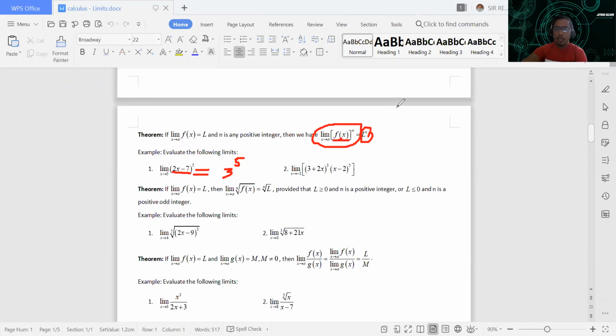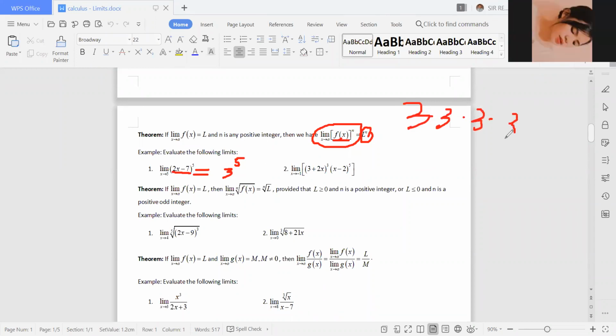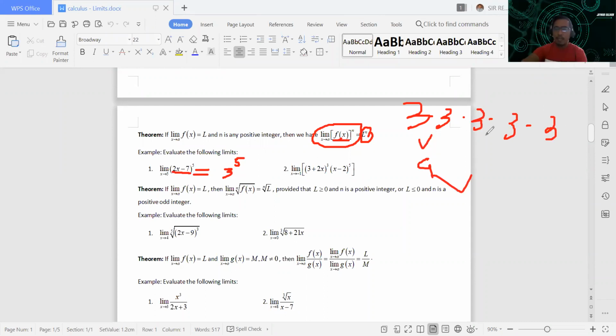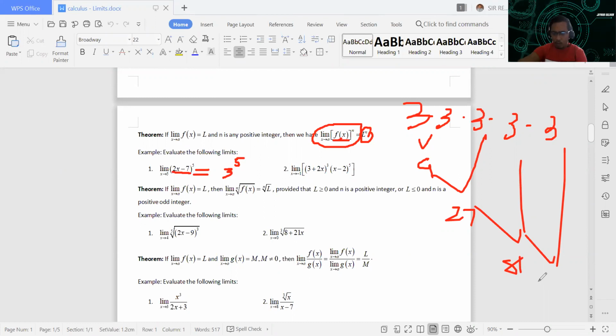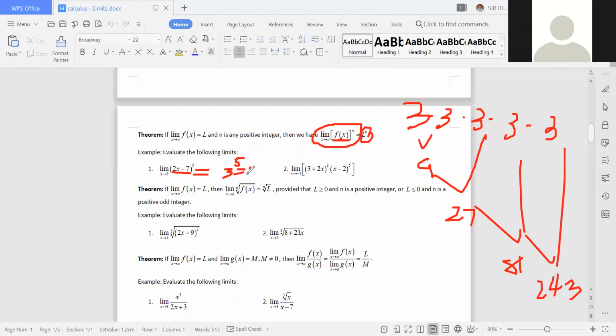So what is 3 raised to 5? 3 times 3 is 9, then 27, then 81, then 243. So your answer here is 243.